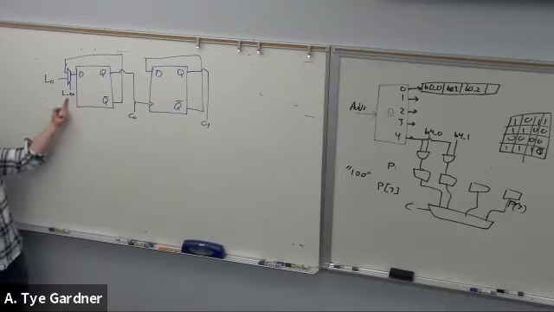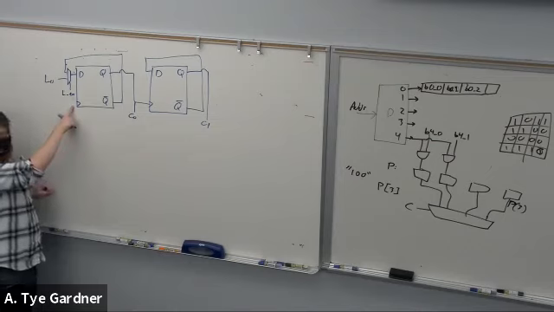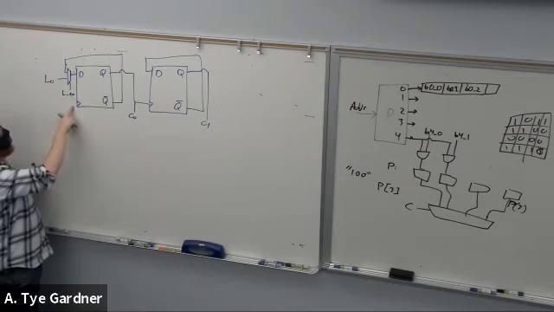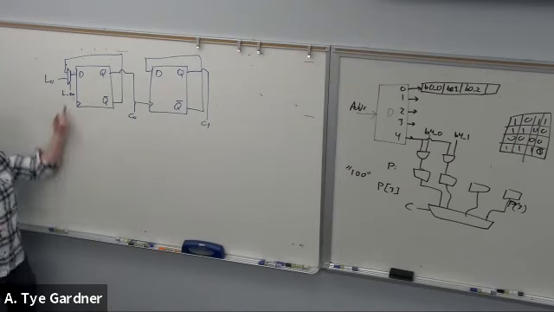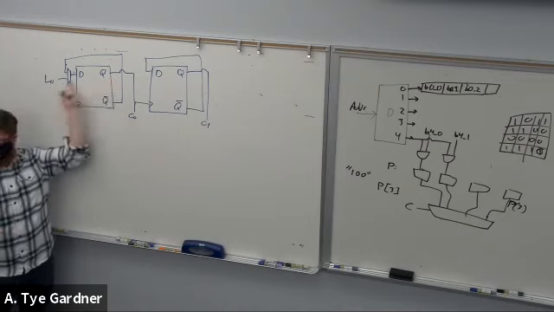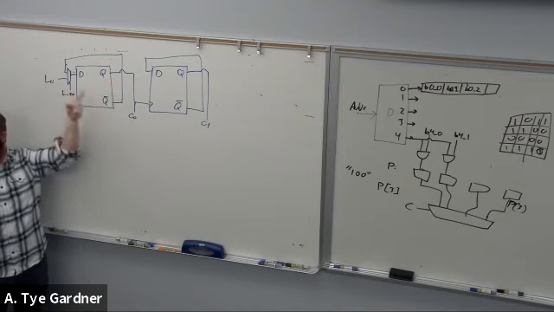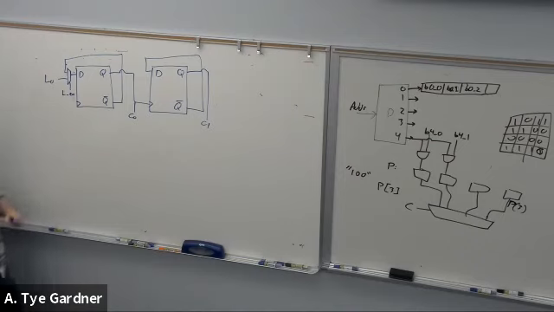Because what happens if load enable is 1, and I see this clock, then I can take L0 into D, so the rising edge takes L0 and updates Q with the loaded value instead of just toggling. Okay, and you would do the same thing for every single bit.